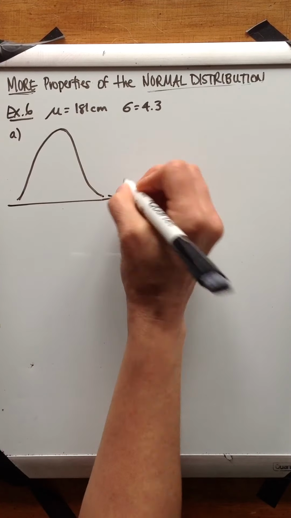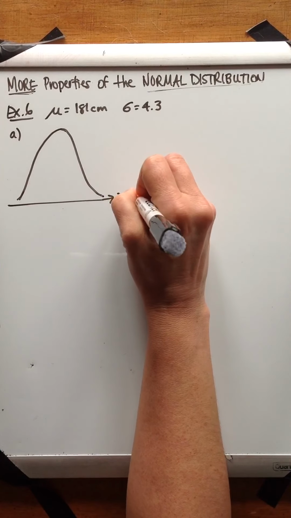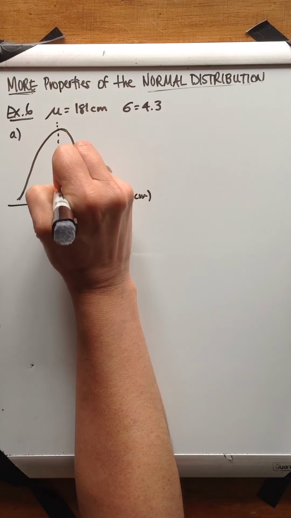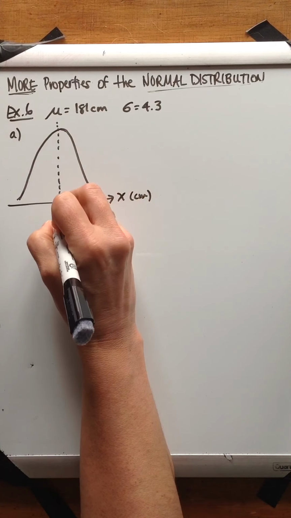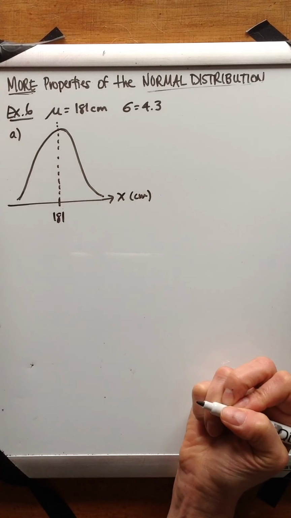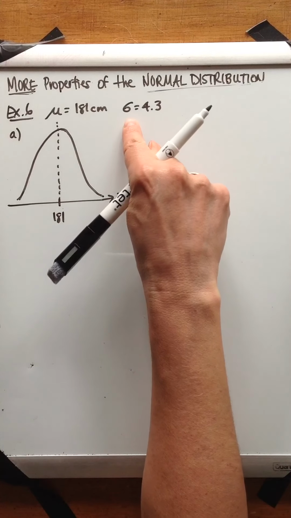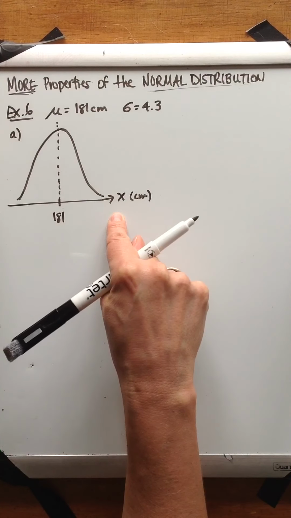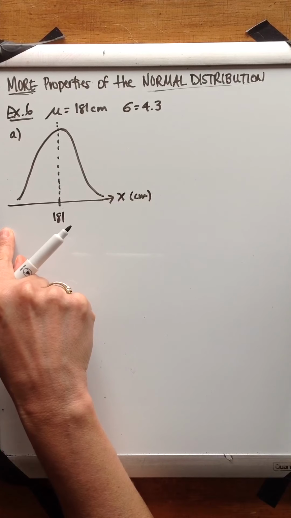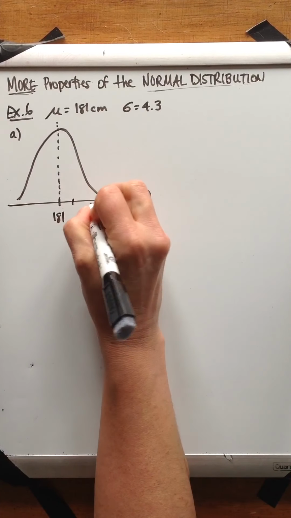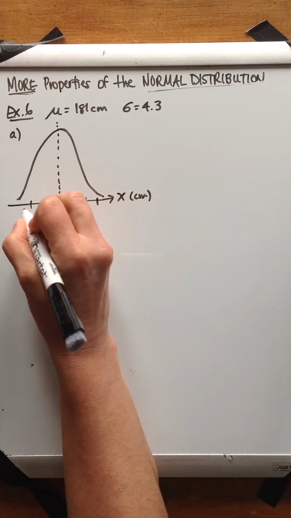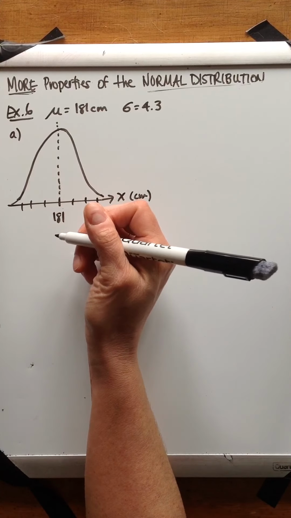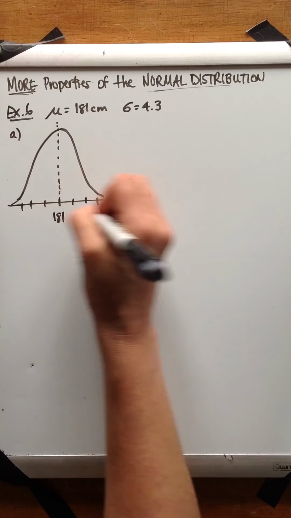Okay, so our random variable X this time has units of centimeters because it is heights of Canadian males, and we can put our mean value of 181 here. And we could also label up to 3 standard deviations to the right and the left by adding 4.3 three times and subtracting 4.3 three times. So I'm going to add in some little markings to indicate that, and I'm going to label their values this way.